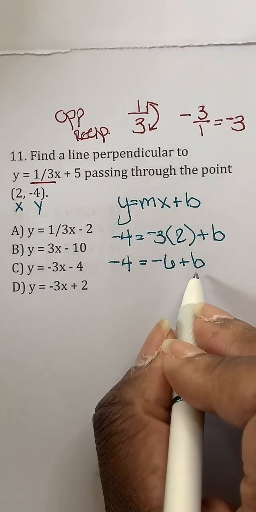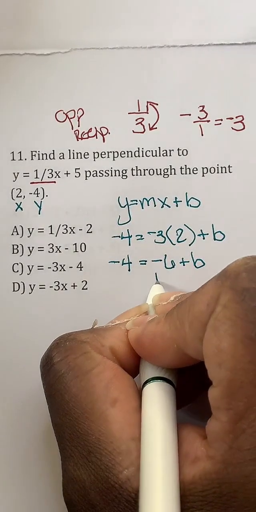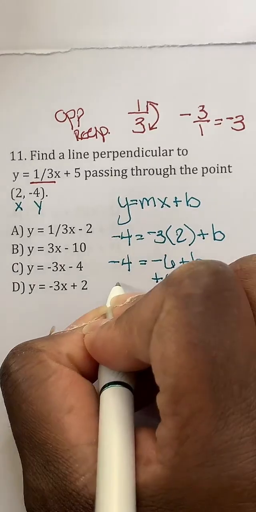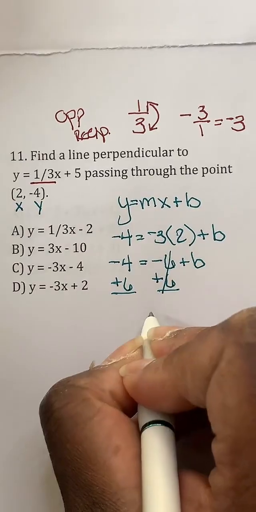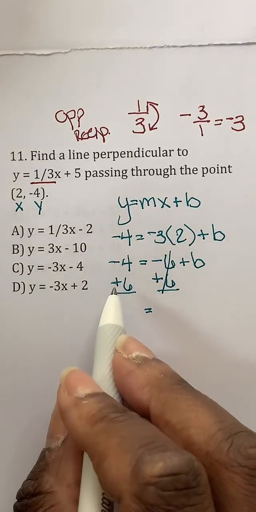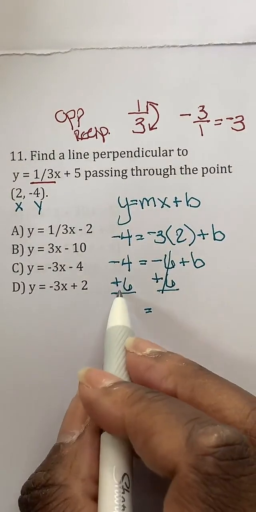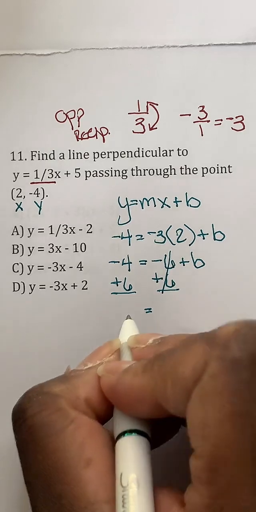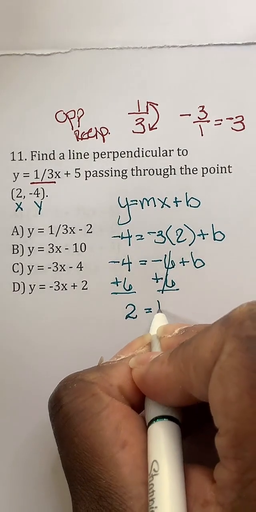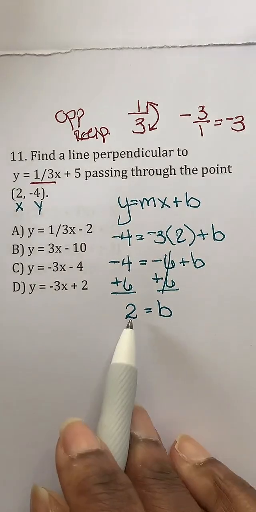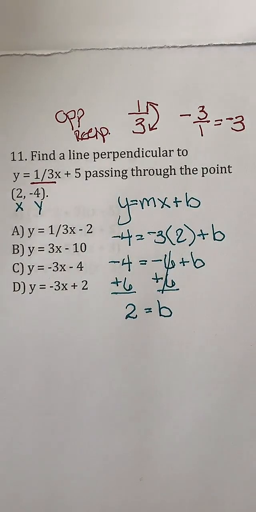So now we want to solve for b. That means we need to add 6 on both sides. -4 plus 6, when the signs are opposite, you're subtracting. So if I have $6 and I spent $4, that means I still have $2 in my pocket. And that's positive. That's good.